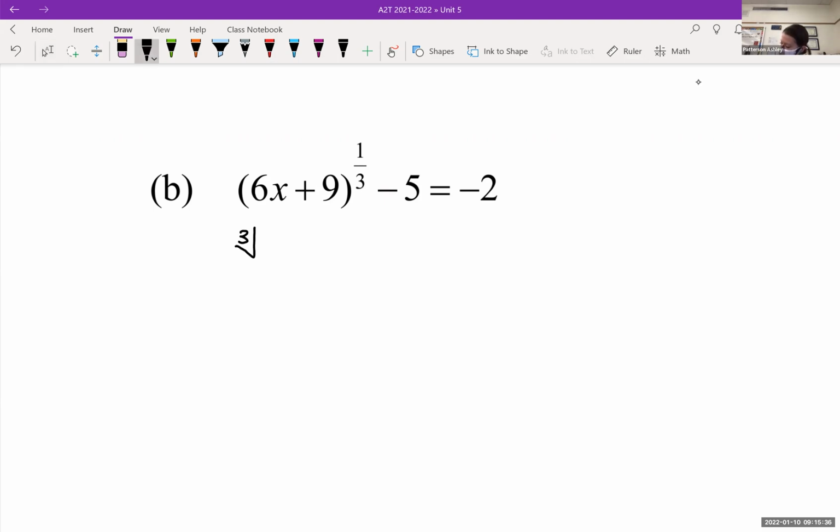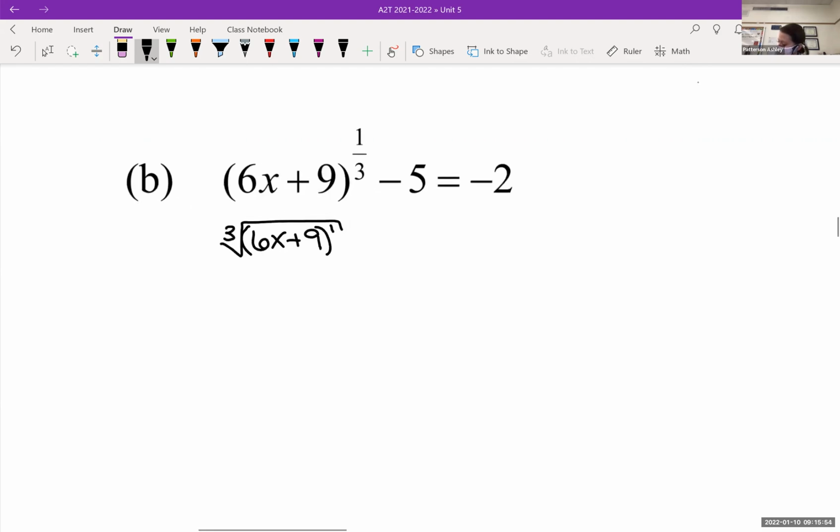We have the cube root of the quantity 6x plus 9 raised to the first power. The first power isn't going to change anything, but for the purpose of our getting used to going back and forth between rational exponent and radical form, I am going to write it out for us. And then -5 is equal to -2.